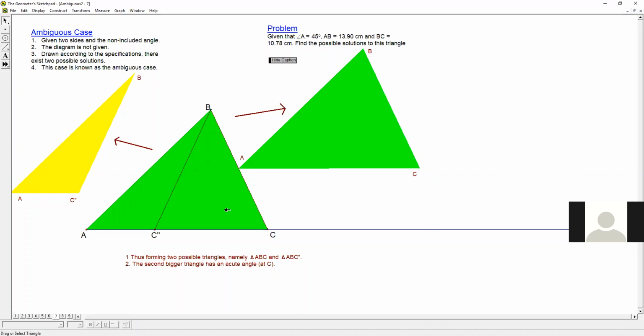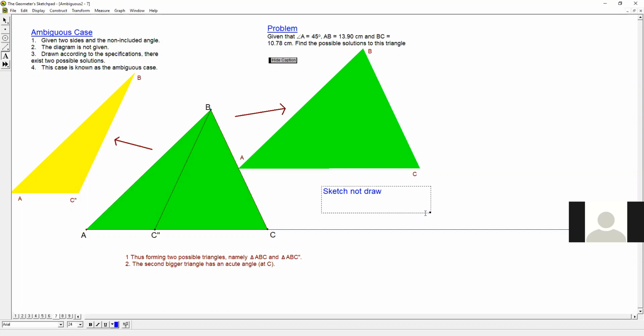So can or not, Vikashini? Can, okay. So you just sketch. The word is sketch, not draw. I just tell you here, sketch. If it says draw, then it has to be accurate.